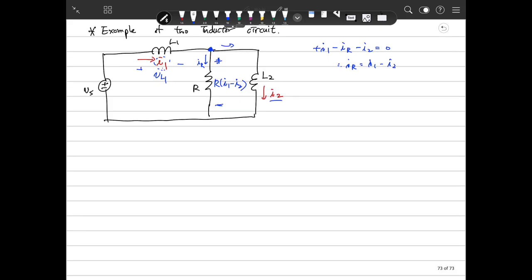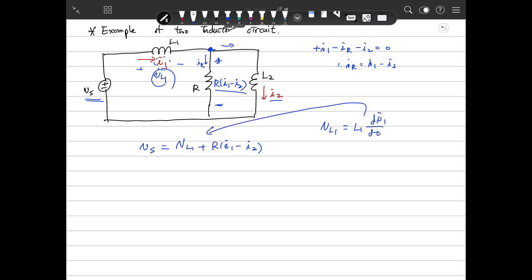So based on here, we can first write the differential equation. Vs will be, in the same way, VL1 plus R(I1 minus I2). Then VL1 will be L1 dI1/dt.